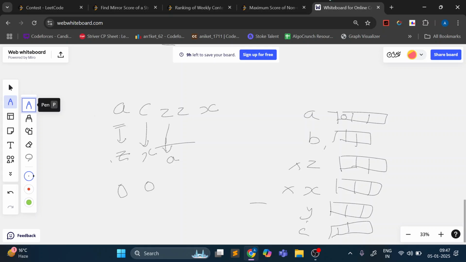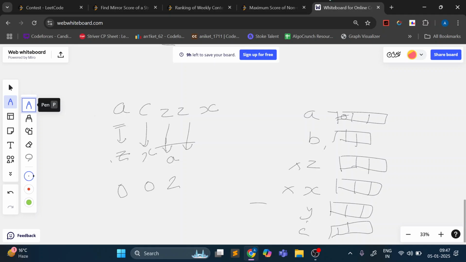So here score will become 2, so 2 minus 0, and we will pop this 0. What does popping that element from the stack mean? We are basically marking that index. Now Z is also marked, so we will not push Z into the stack. But score here would become 2, and we move to the next element.